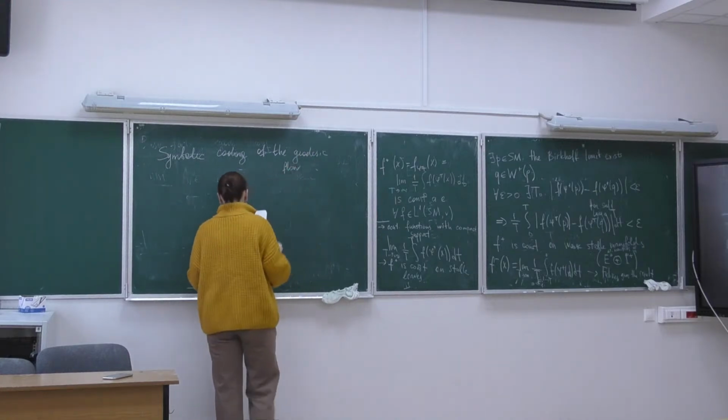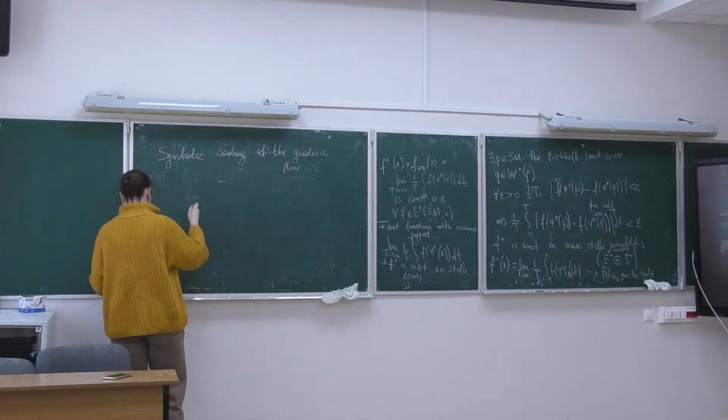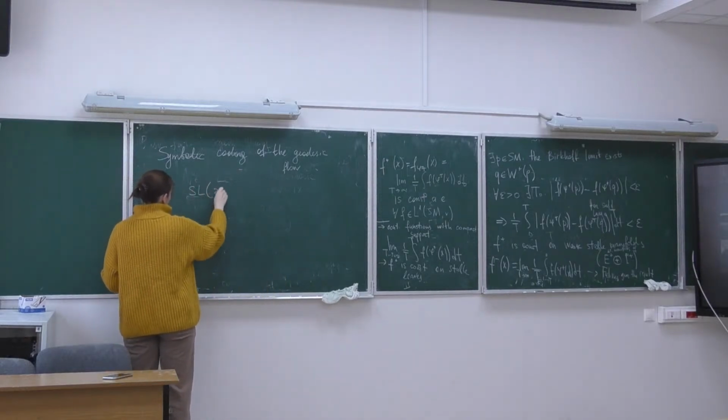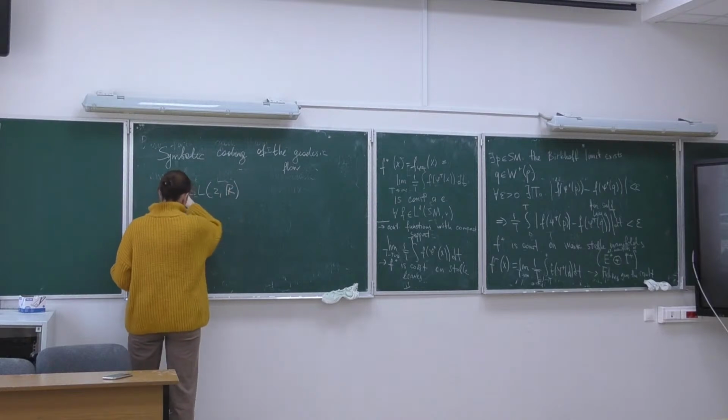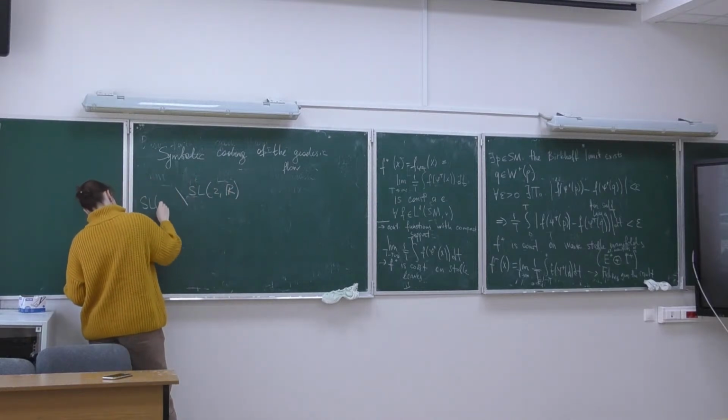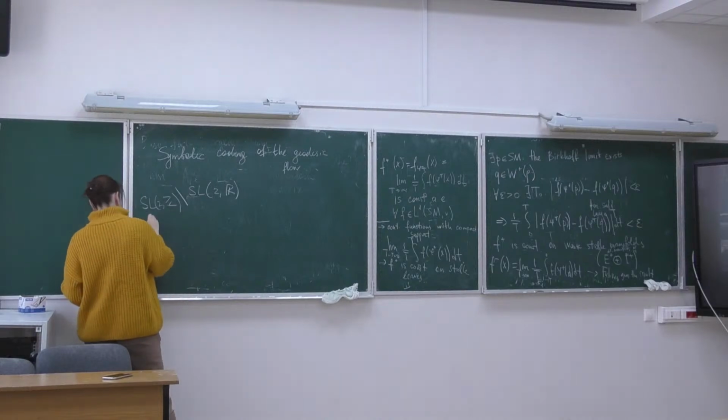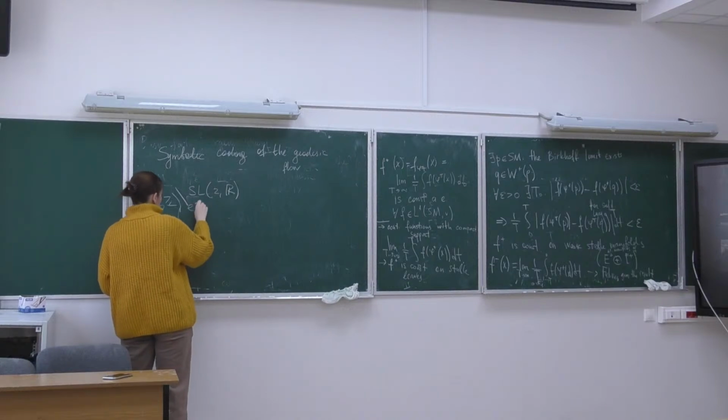So let us consider the geodesic flow on a modular surface. The modular surface is a particular example, and we consider the factor of SL2R on SL2Z. And we consider the action on this by our favorite matrix.